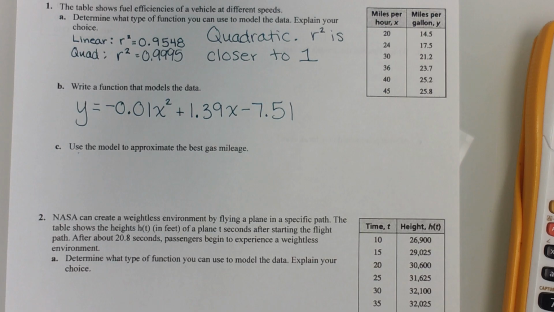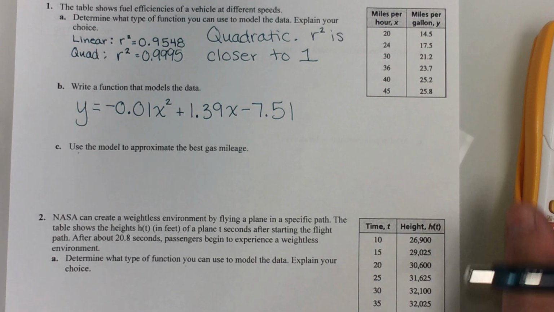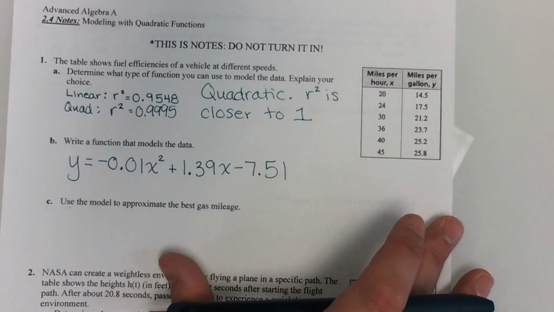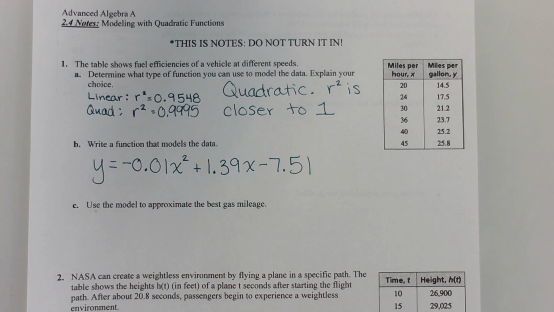Use the model to approximate the best gas mileage. Here's where understanding a little bit about what the word problem wants is an important thing. When you're talking about gas mileage, what do you want? Higher numbers, lower numbers? Higher. You want more miles per gallon. Okay, miles per gallon is which of our variables?